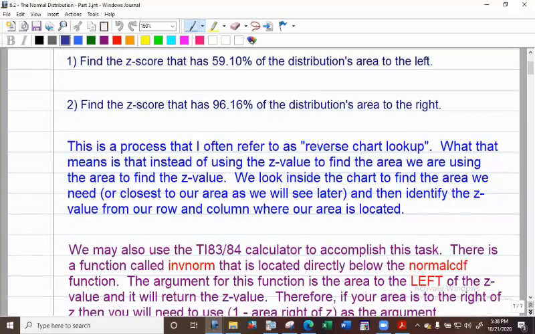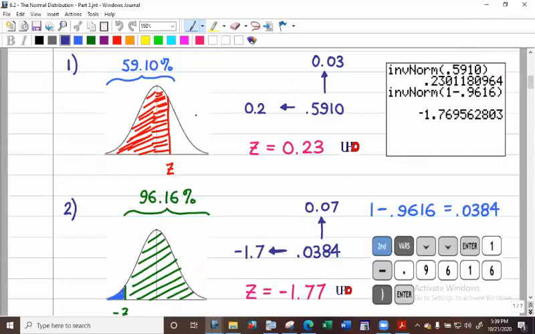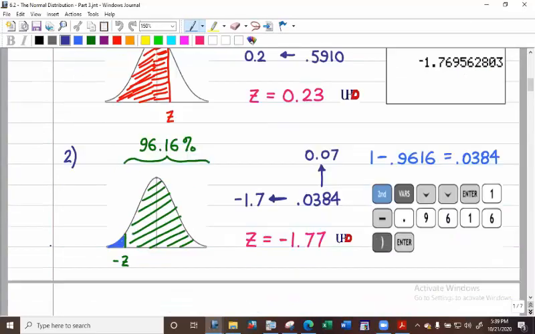Now we're going to be mostly concerned with the left here than we are the right, but I did want to put one example here. Suppose the area was to the right. Because I just want to remind you now that I shaded that. So you see 96.16 to the right, most of that curve is going to be to the right of your z. So your z is going to be sticking over there kind of far to the left, in the negative land.